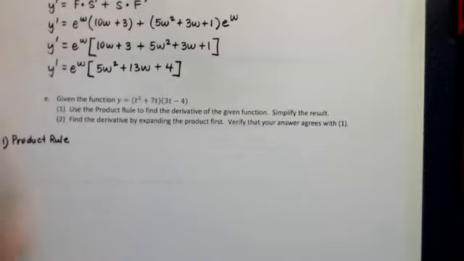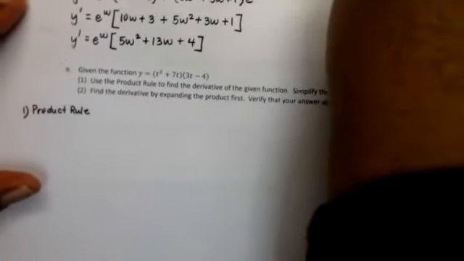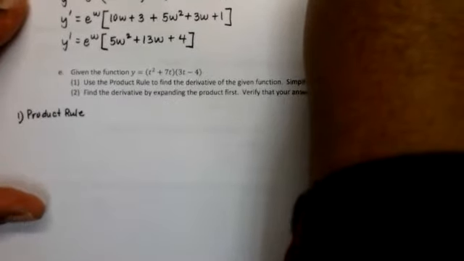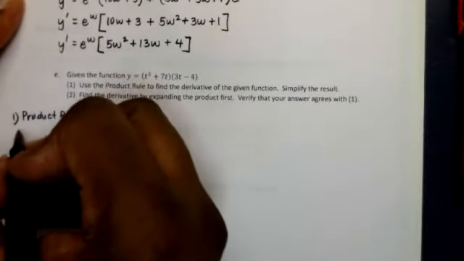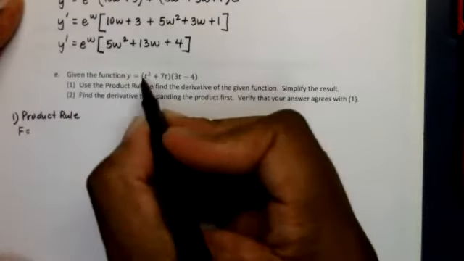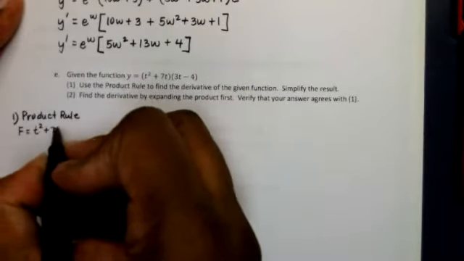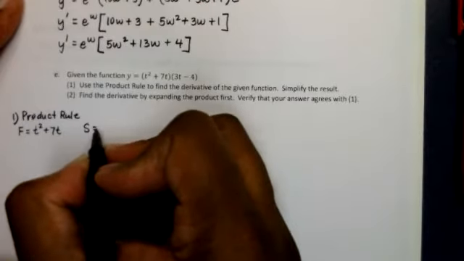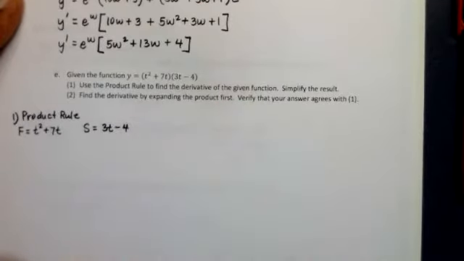So here we're going to use the product rule to take the derivative of y with respect to t. So the first term is going to be that t squared plus 7t. And the second term would be the 3t minus 4.